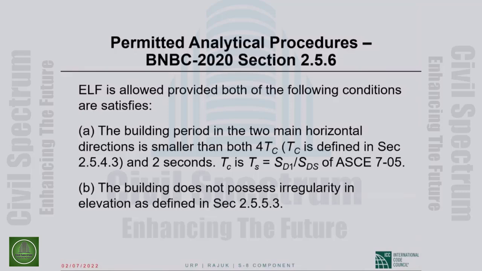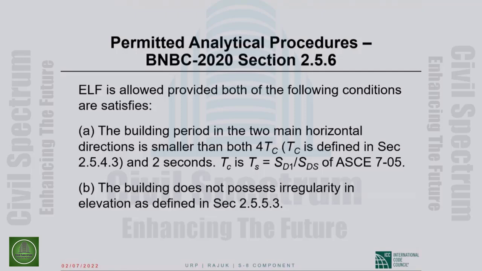I have added, T sub C is our T sub S, which is S sub D1 over S sub DS of ASCE 7-05. Okay, 4 times T sub S. So ASCE 7 had 3.5 times T sub S. This is 4 times T sub S. Okay, we are in the same boat.